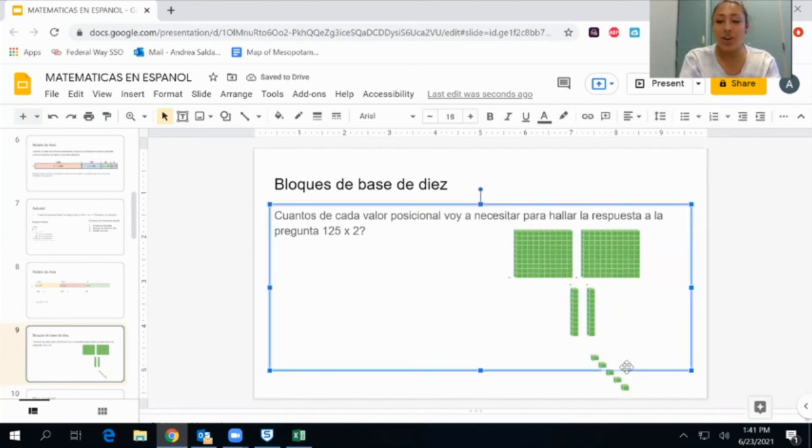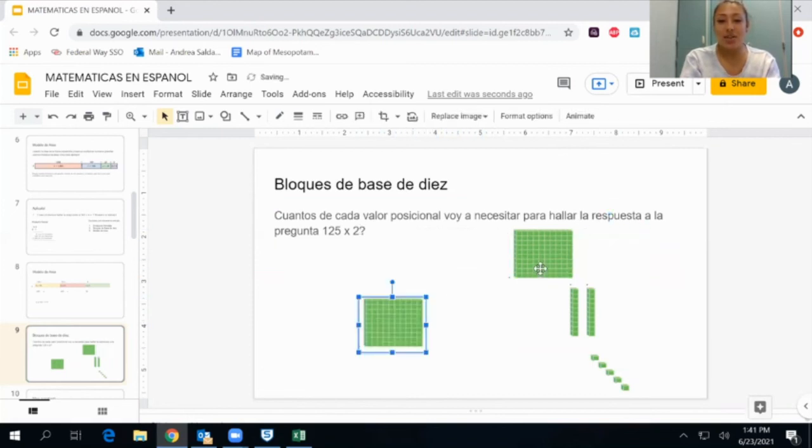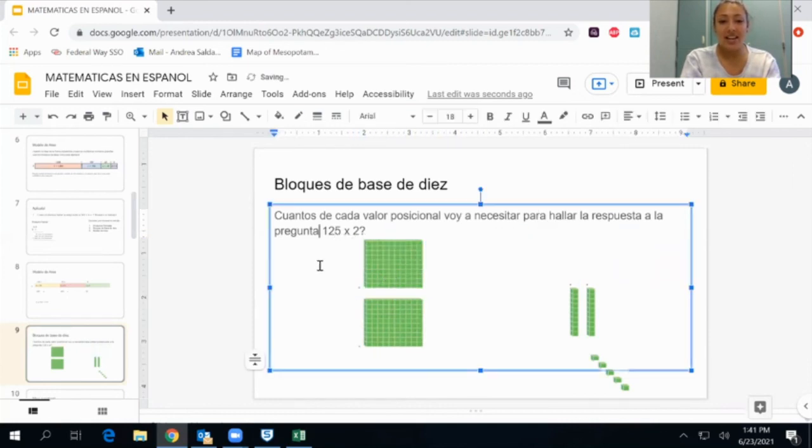Ahora que tengo todas mis unidades, los tengo que multiplicar por 2. Aquí ya empecé con mis decenas. So, sé que tengo 200 decenas. Más 20 multiplicado por 2, que sería 40. Y mis unidades de 5 multiplicado por 2, que sería 10.